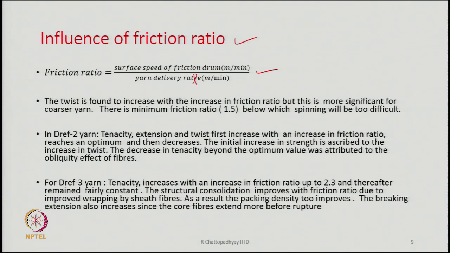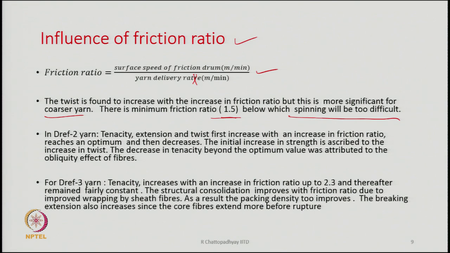Twist is found to increase with the increase in friction ratio, but this is more significant for coarser yarn. There is a minimum friction ratio of 1.5, below which spinning will be difficult. Typically 2 or 2.5, these are the typical ratios that we maintain in order to spin the yarn successfully.